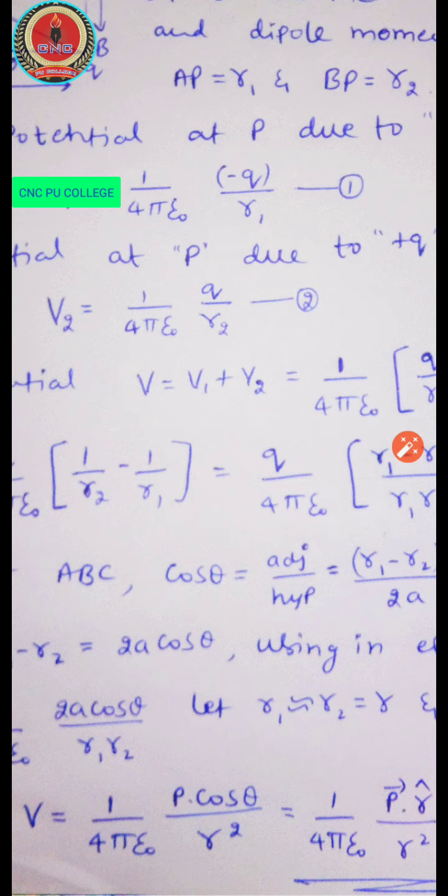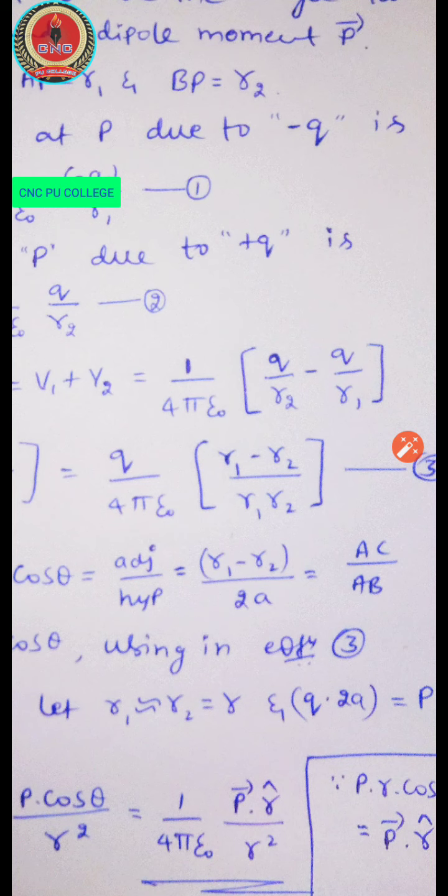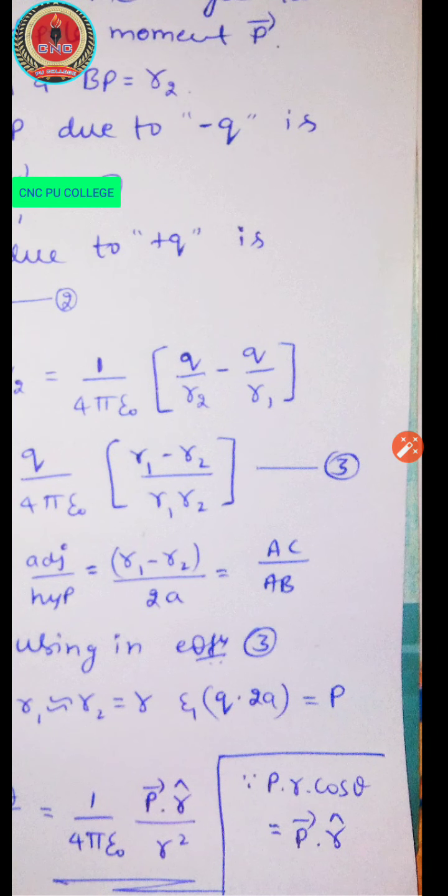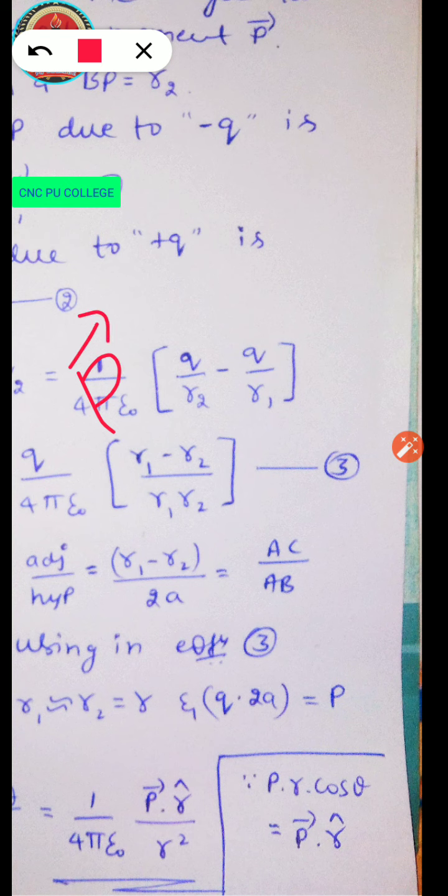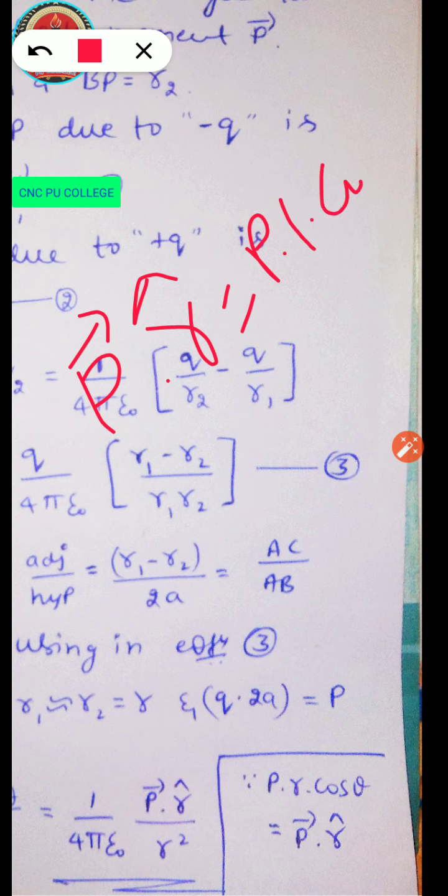Here we are considering the dot product formula, that is vector p dot vector r cap, where r cap is a unit vector. It can be written as magnitude of p into magnitude of r cap, which is 1, into cos theta.